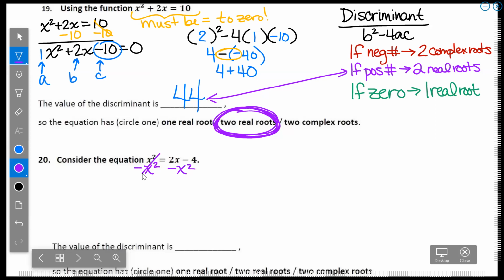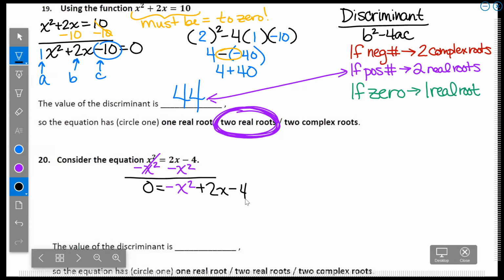So I can subtract x squared from both sides, but then it's really important that I keep things in order. Which of these 3 pieces would have to go at the front? Yep, that negative x squared. So minus x squared goes first. And then plus 2x, because the 2x was a positive, and then minus 4.